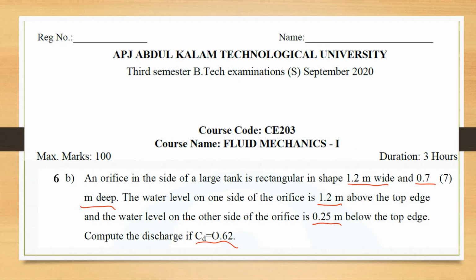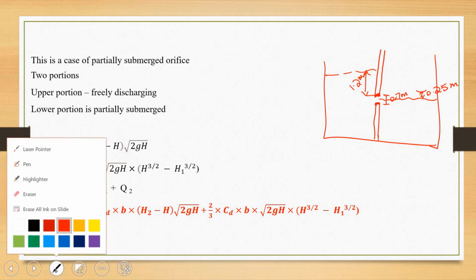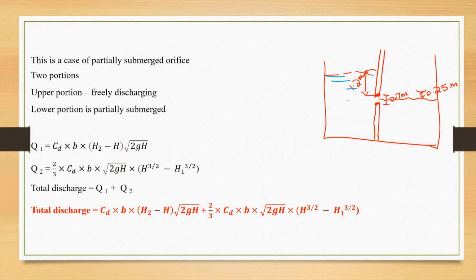And the water level on the other side of the orifice is 0.25 meter below the top edge. So total depth of the orifice is 0.7, and the water is only 0.25 meter below the top edge. So it will be somewhat like this, 0.25 meter. Okay, so our water is here. This is a case of large rectangular orifice, and this orifice has two portions.